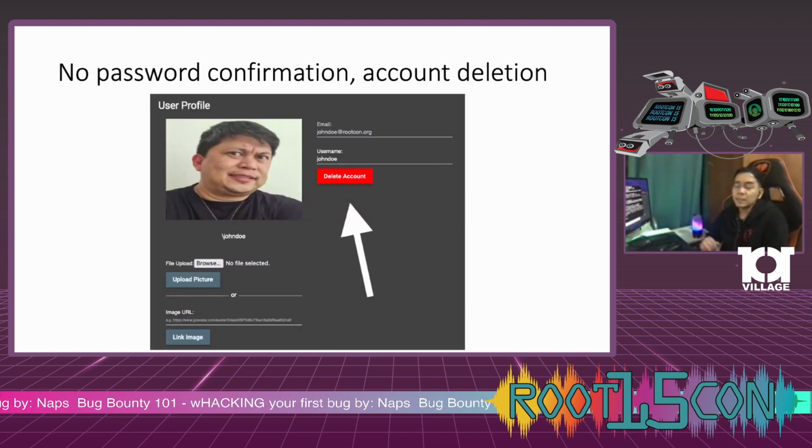So in some cases the application profile page does not have a password confirmation before account deletion, and you can report that kind of bug. So in Facebook, whenever we delete our account, I think there's a password confirmation. So if ever you can delete your account without a password confirmation, that's a bug.